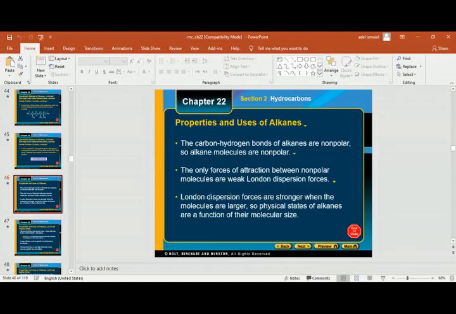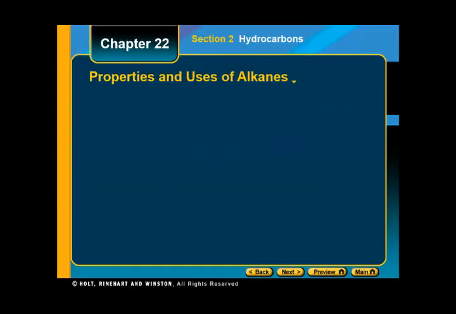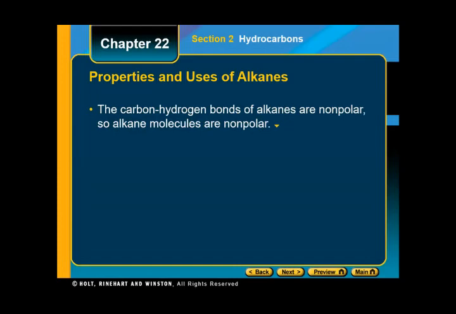Okay, properties of alkanes. We said before that alkanes means that all carbon atoms have four single covalent bonds.